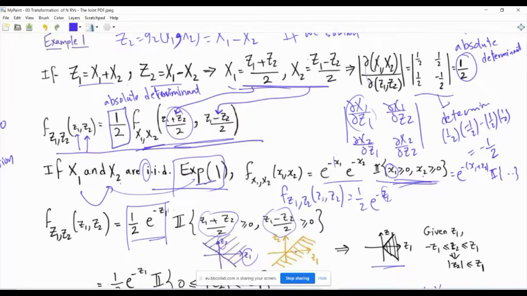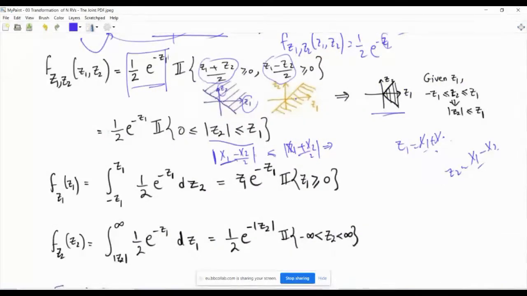And so the region in which this e to the minus z1 is defined is simply this part here. So you can do it via this type of reasoning, or by following your nose: write the indicator, do the substitution and get everything from your indicators.